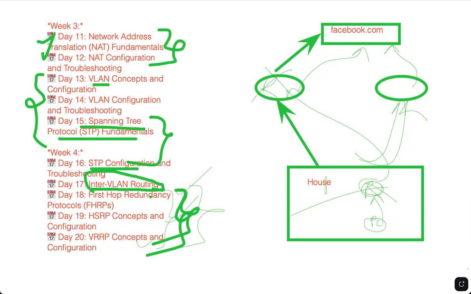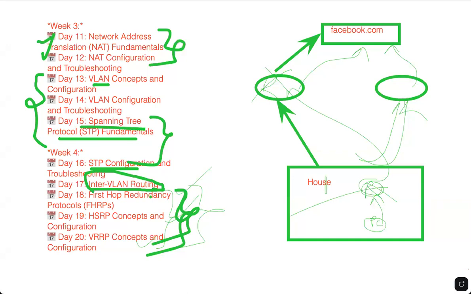Sarab Chandra, what is a dynamic routing protocol? Sorry, sir, can you repeat the question? What is a dynamic routing protocol? It is used to exchange routing information between the routers.